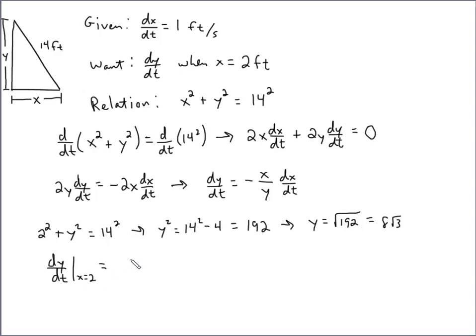So we plug in everything we have: negative 2 over 8 root 3, multiplied by dx/dt, which is 1. So we get negative 2 over 8 root 3 as our answer.